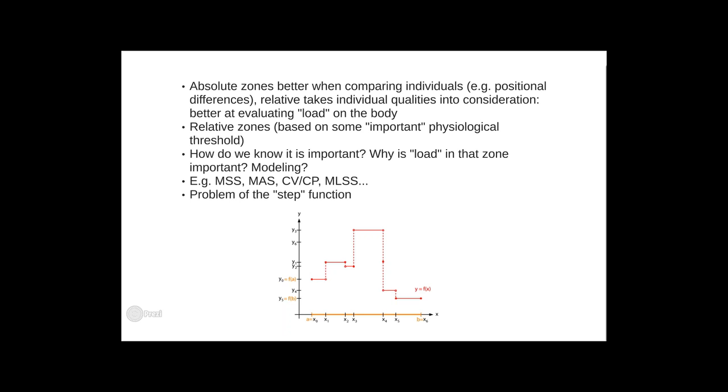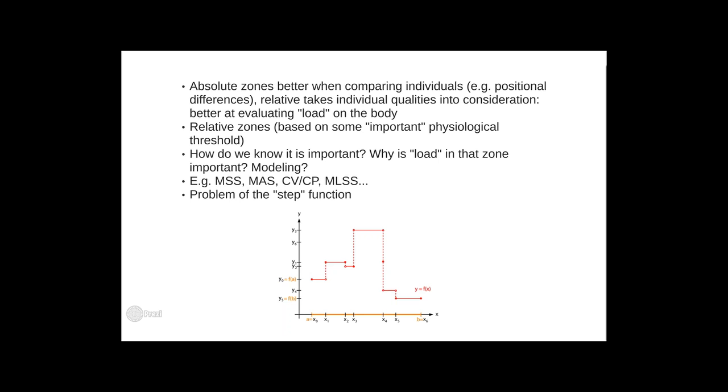So we need to model it, and I'll go back to this topic when we speak about the Bannister impulse response model. What we are trying to do is to see if our metrics of load actually correspond to any real phenomena.